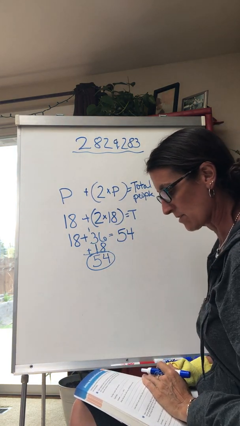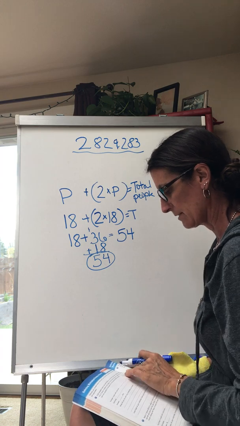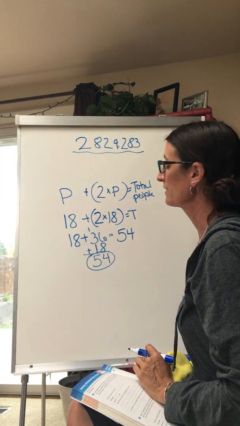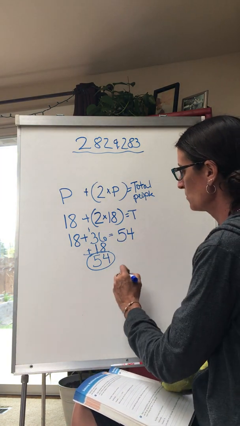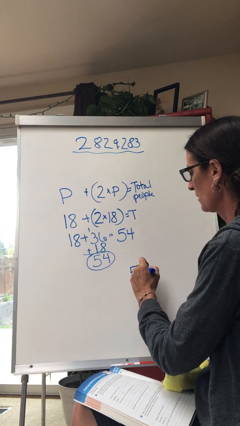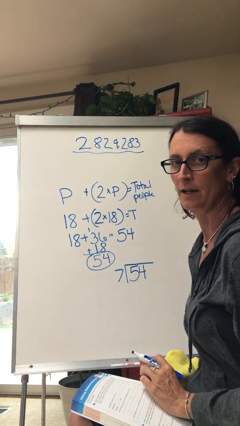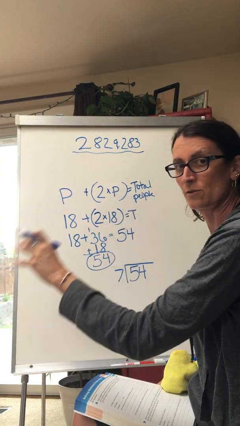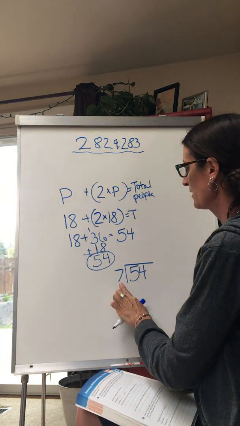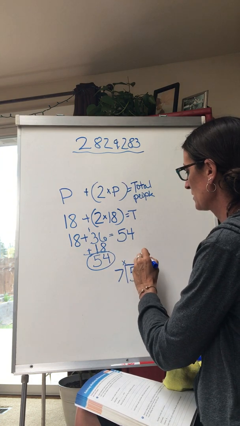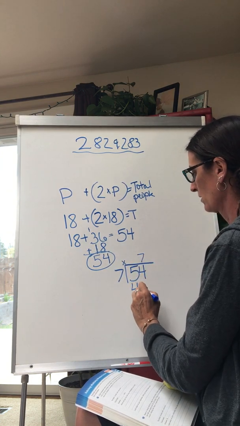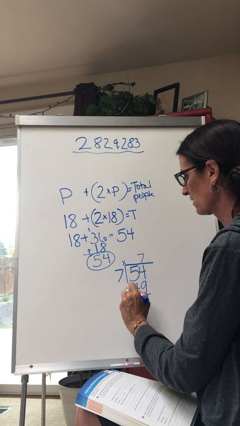And it says, though, that 7 people can ride in each van. So now I'm going to take that 54 and split them into groups of 7, right? Because every group of 7 has to go into another van. So I know that 7 times 7 is 49, and that's the closest I can get.